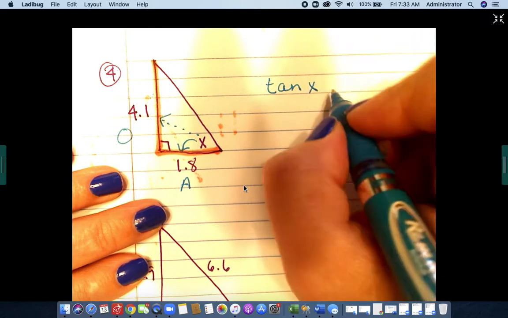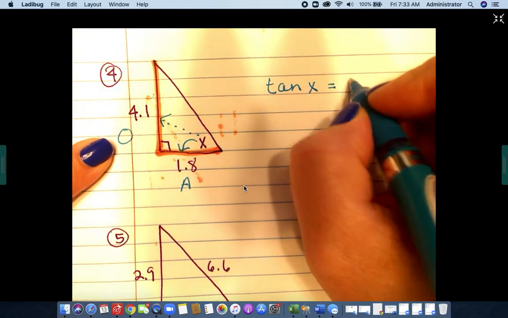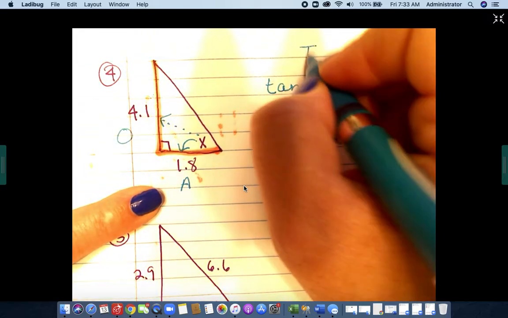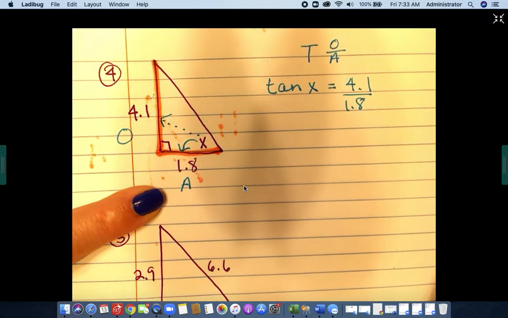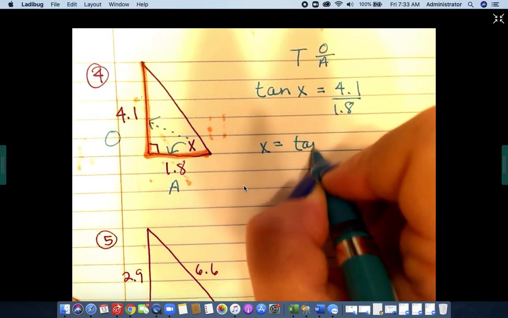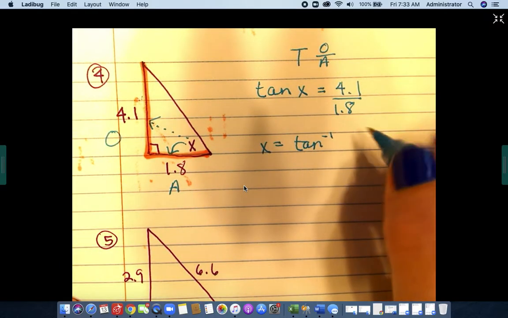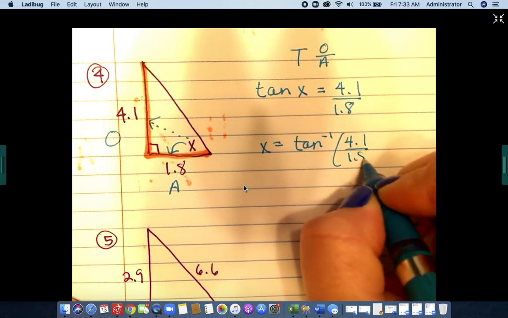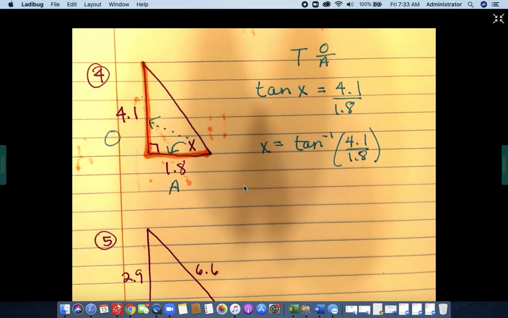So tangent x equals opposite, always opposite on top, always adjacent on the bottom. It has to be TOA, okay? So again, what am I going to type in my calculator to solve? The inverse operation would be tangent inverse of 4.1 over 1.8.